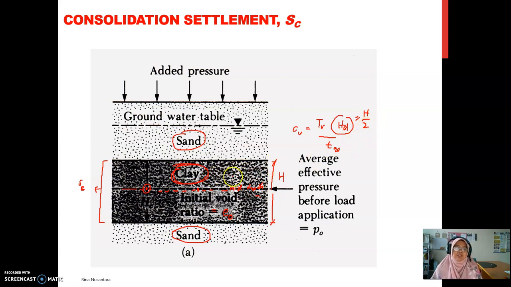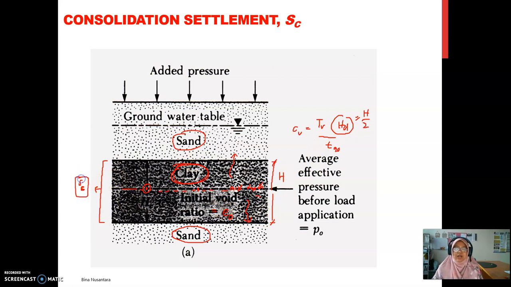Why? Because water inside the clay can seep out in two ways, so the drainage height is shortened by 2.